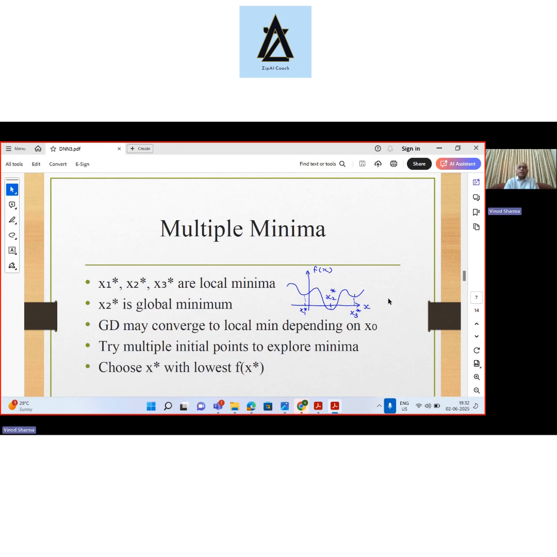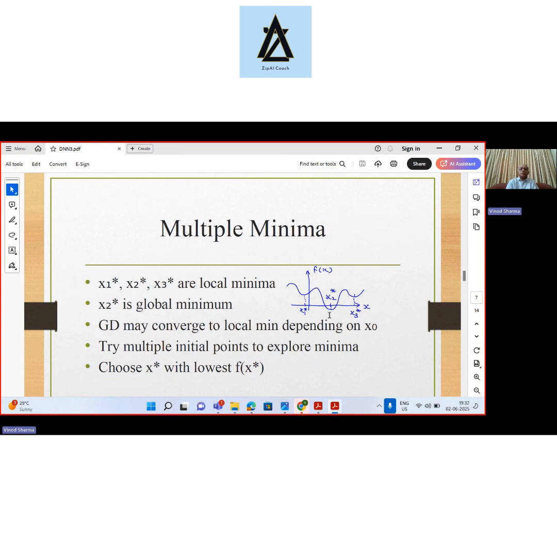But x1 star and x3 star are local minima, while x2 star is a global minimum, because at this point, the function value is minimum over the whole region we have here. As we mentioned, for a general function, gradient descent may converge to a local minimum and not necessarily to the global minimum, which is x2 star.